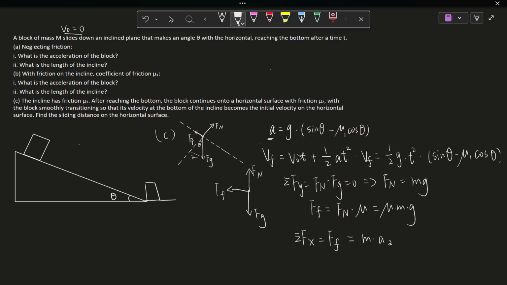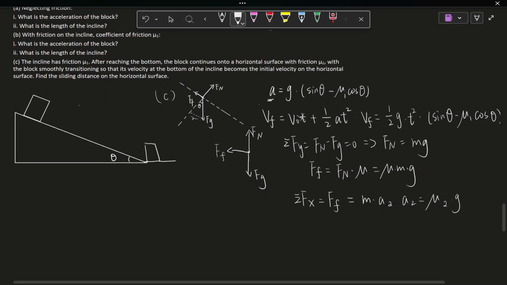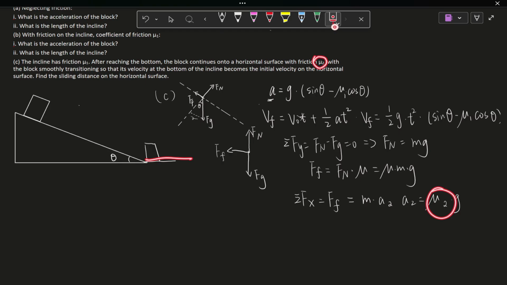From this we get a2 is equal to mu2 times g, because the coefficient of friction on the horizontal surface is mu2. So we will write mu2 over here.